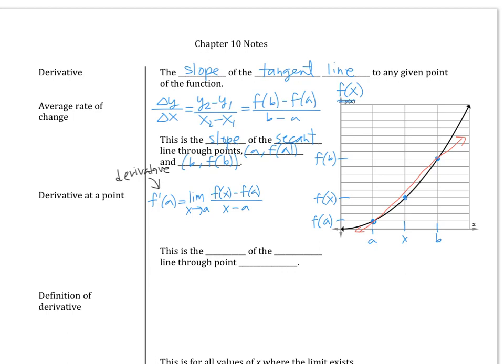Okay, another way to say this is we can say the gap between a and x is this interval called h, some distance h. And we're trying to shorten the distance of h so that it becomes so small that h is nearly 0. So then we can redefine the derivative at a point in a different way. So f prime of a, which is the derivative at a, is the same idea.